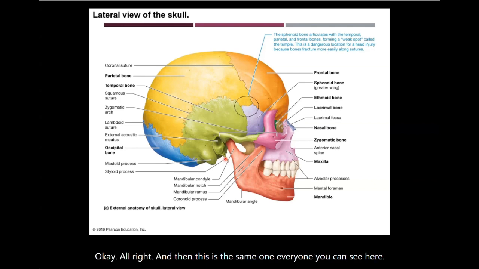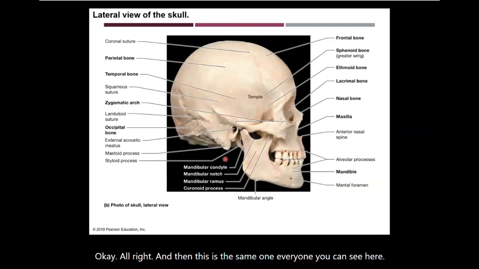Okay. All right, and then this is the same one. Everyone, you can see here, what is this here? External acoustic meatus. This is the mastoid process, the ear pods, styloid process. Here we have the mandibular condyle, mandibular notch, and then mandibular ramus.